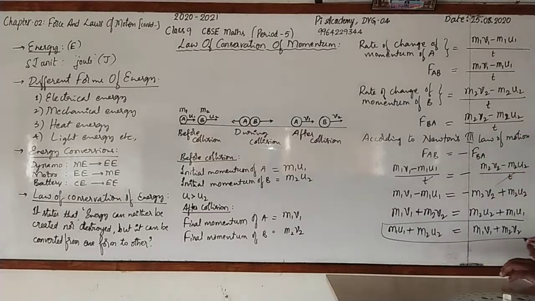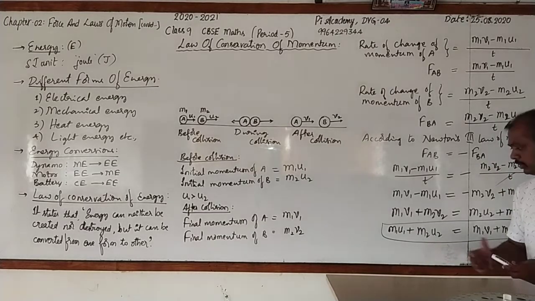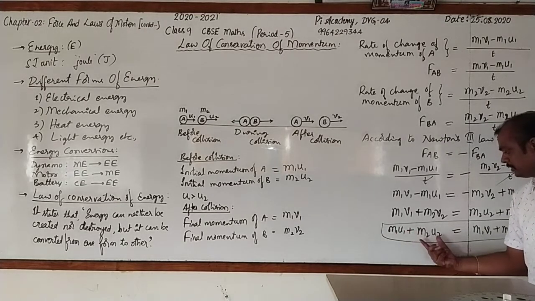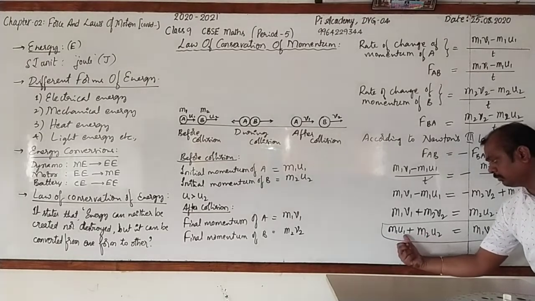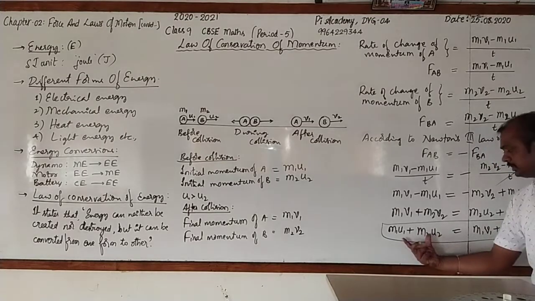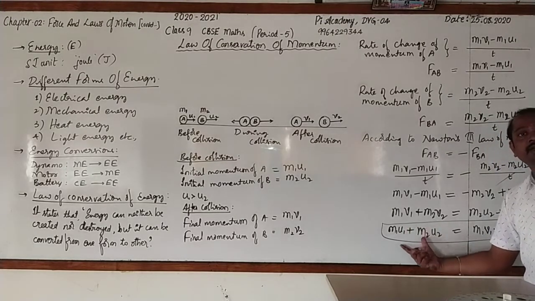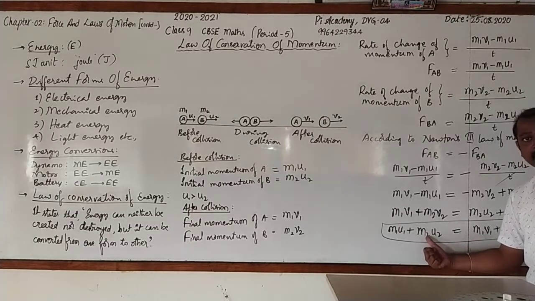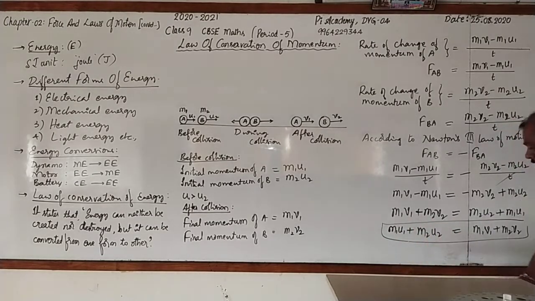Just observe here. What does m1 u1 indicate? It is the initial momentum of object A. m2 u2 is the initial momentum of object B. m1 u1 plus m2 u2 is the sum of momenta of two bodies A and B, right? It is before collision.